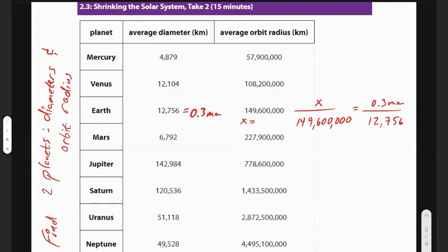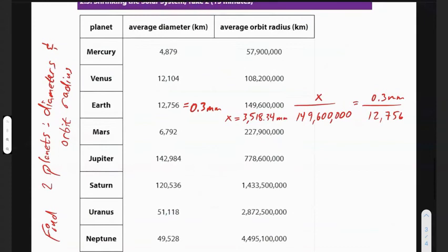Really making sure I don't mess up on that. Divide by the 12,756, and you get 3,518.34 millimeters.